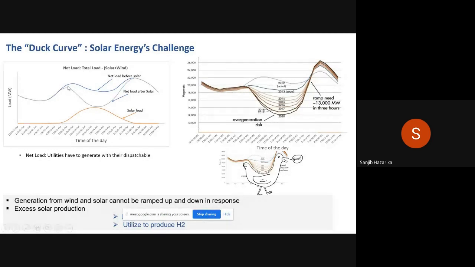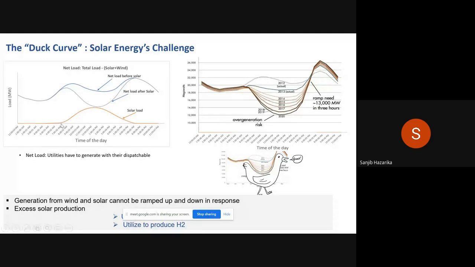It increases in the morning, then slightly decreases, and in the evening when people come back from offices and start lighting their houses and all that stuff, it increases again. This is the normal trend, and the curve below is for solar.